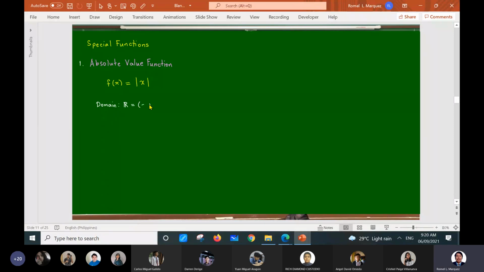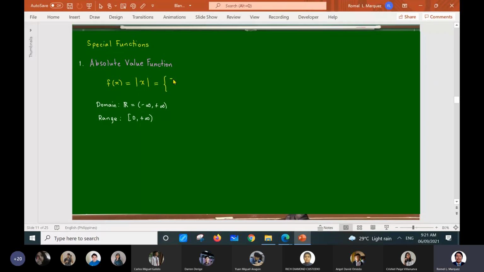What about the range? Non-negative real numbers. So meaning from 0 going to positive infinity. Okay, children? This is defined by a piecewise function. No?